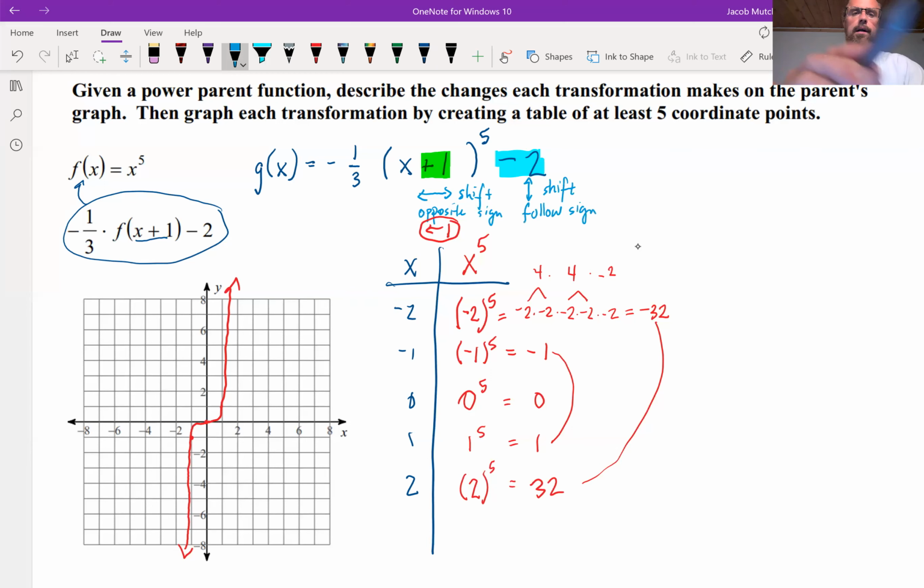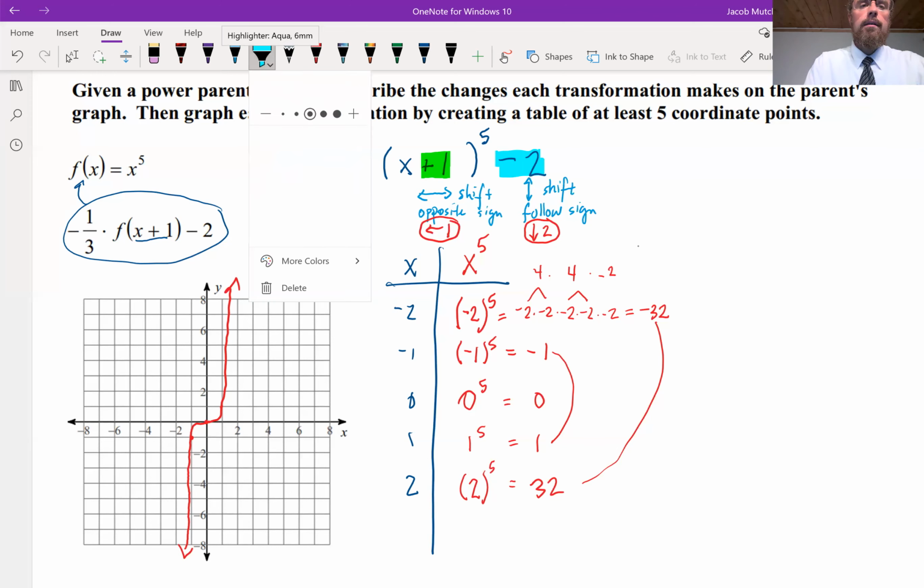So if I'm seeing a -2 on the outside, minus is in the down direction vertically. So I'm going to predict this has a shift down 2. So there's 2 changes we've noticed. The parent function is going to shift 1 to the left, down 2. Those 2 changes don't change the actual shape of the graph. They just are slides on the coordinate plane, but the actual shape is preserved.